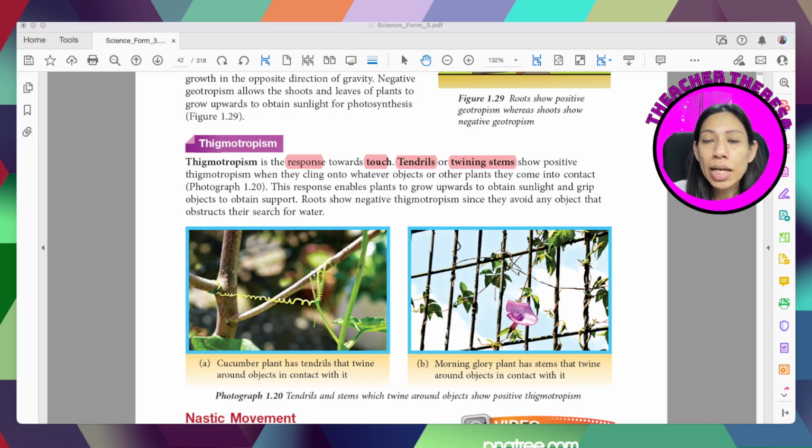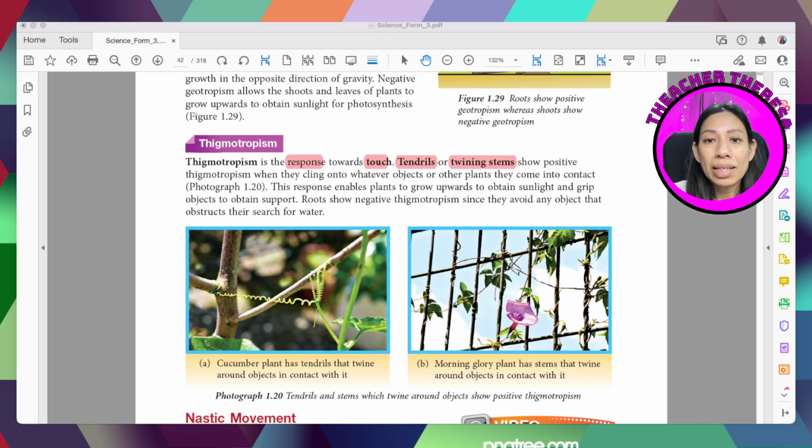This kind of plant wants to move towards light, so it will grow towards the light with the help of an object. The object can be another plant or a stone or a stick, whatever can help the plant move towards light. That's called thigmotropism.